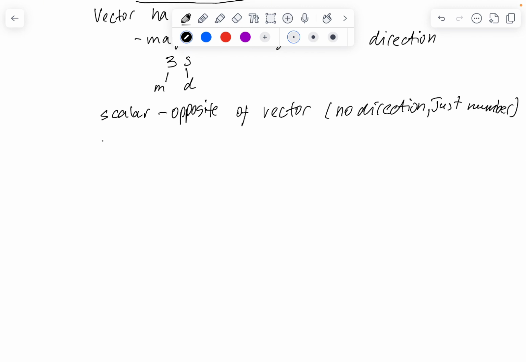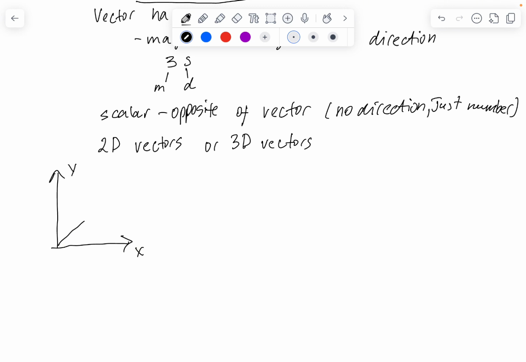So we can have 2D vectors or 3D vectors. So let me show an example. So that's a 2D vector, it's y, x, and for example, that's our vector A, that's 2D, and 3D, it has also z, y, x, and for example, this is our vector B, and that's 3D.